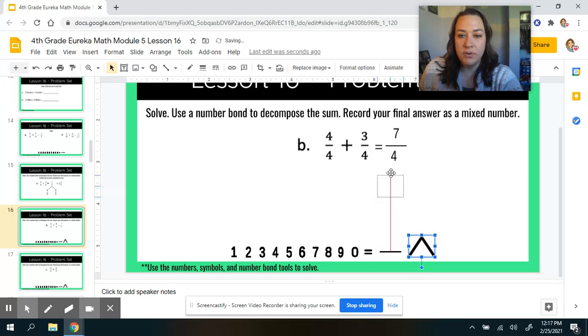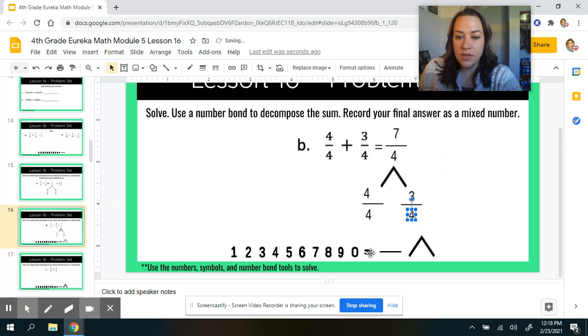And then we can decompose, because we know that if I have fourths, 4 of those are going to be equal to 1. They kind of broke it up in their addition sentence with this one, because 4/4 is equal to 1. So 7 minus 4 is equal to 3.